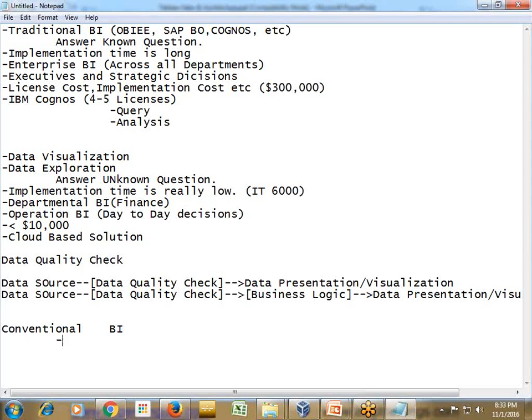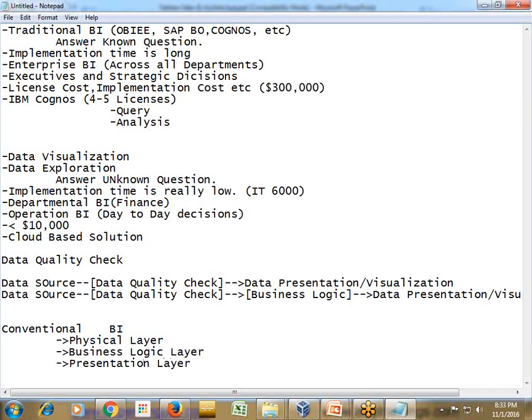Any conventional BI tool, you use it, they have a physical layer, they may use a different term. They have a business logic layer and they have a data presentation layer. I'm telling you all this based on my experience.